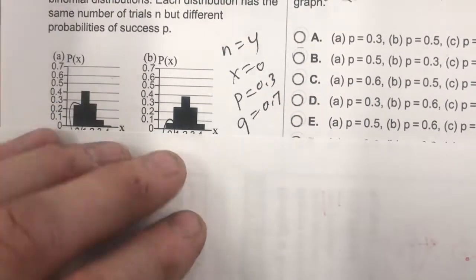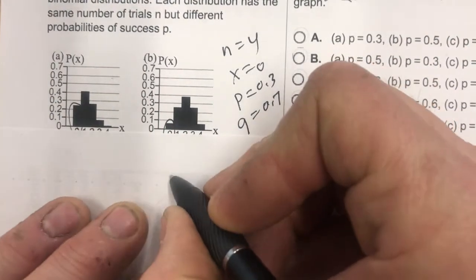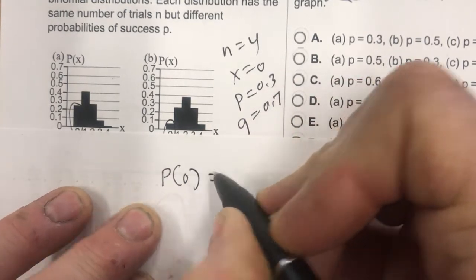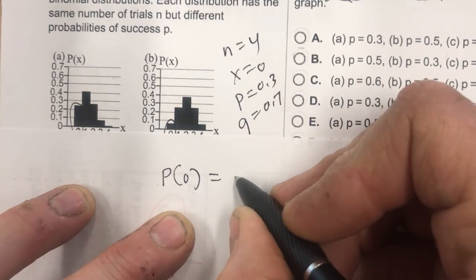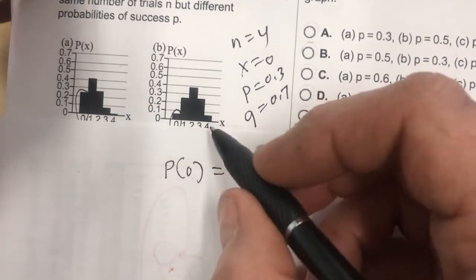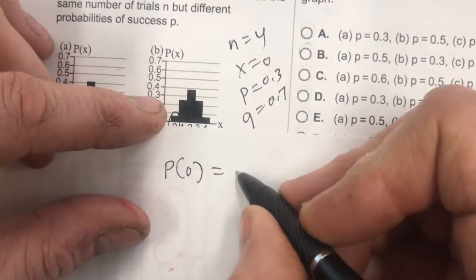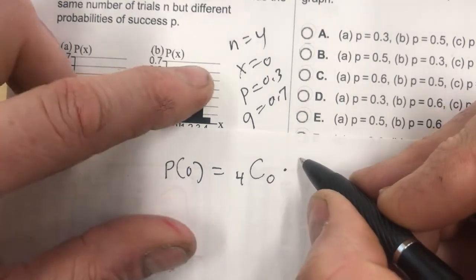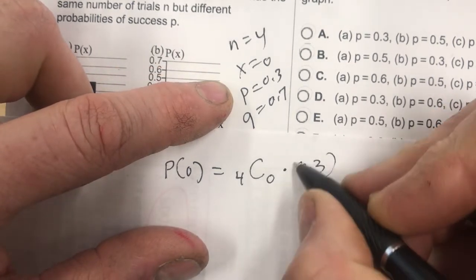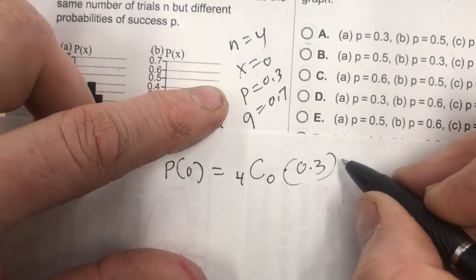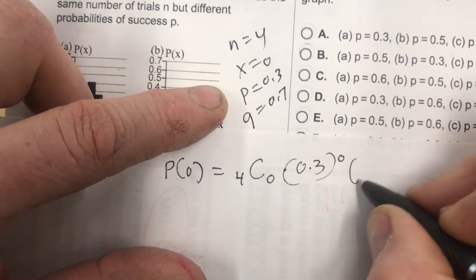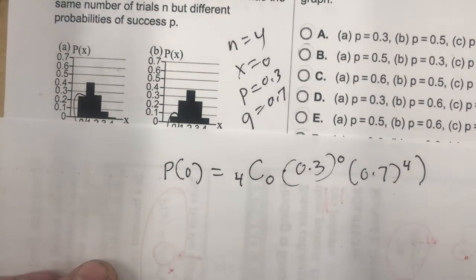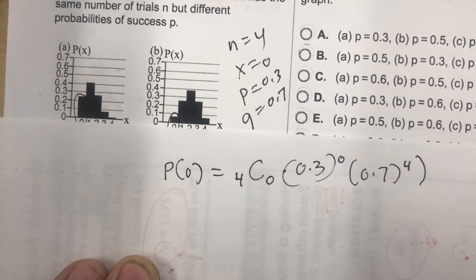I'm going to use those numbers. So for this first one, I'm going to do the probability of 0, which means I'm going to have, was it 4 again? Yeah, n is 4 right there. Here's 4 NCR 0 times 0.3 to the 0 power times 0.7 to the 4 power.